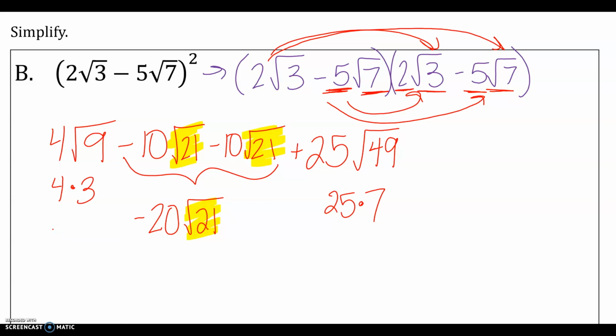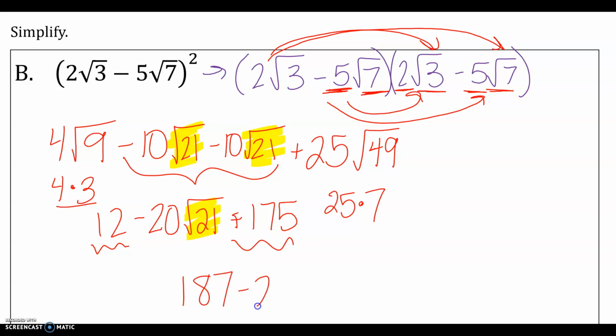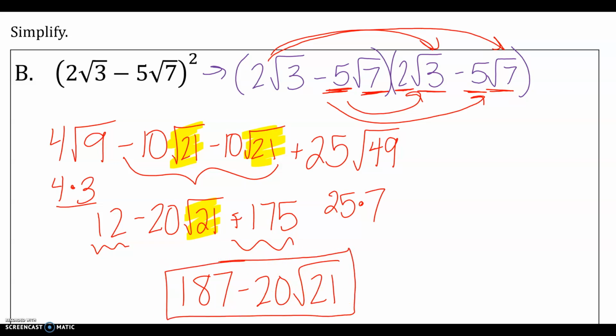So let's keep simplifying. So this is going to be 12. And it looks like 25 times 7 is a positive 175. To keep simplifying, 12 and 175 make 187 minus 20 radical 21. And again, order does not matter.